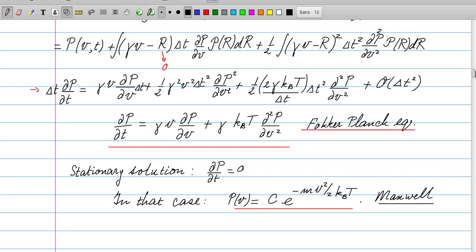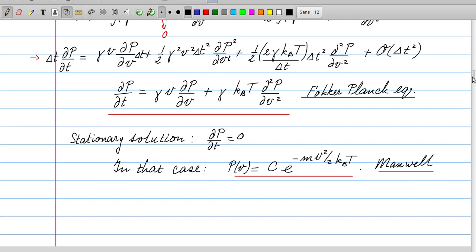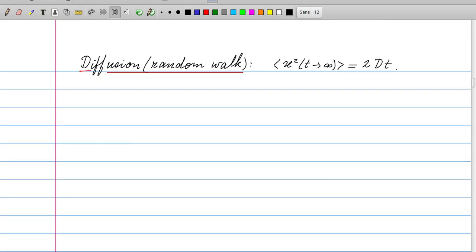In fact, this is the Maxwell distribution for a system where the average velocity is 0. Of course, you can also write the solution in this form, m(v minus v0) squared over 2kBT. We have been dealing with a particle moving under the influence of other particles, so the motion of the particle under consideration can be characterized as a random walk.